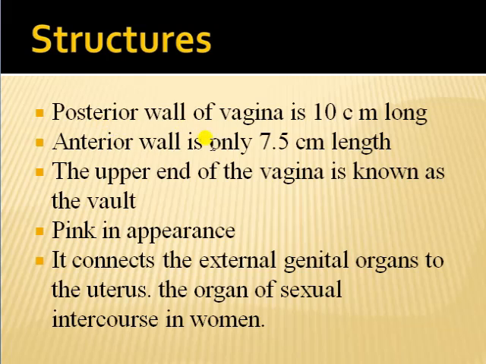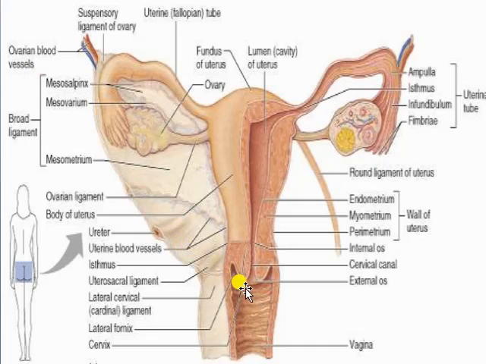Structure: the posterior wall of the vagina is 10 centimeters long. The anterior wall is 7.5 centimeters long. You know what is posterior and anterior? Anterior is front and posterior is back. See, this is the vagina.